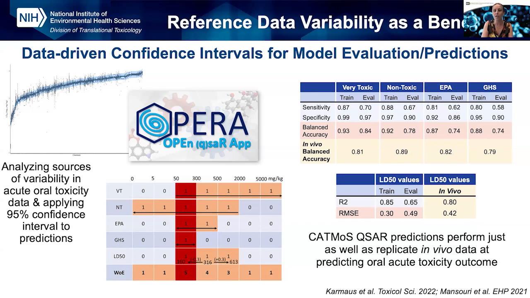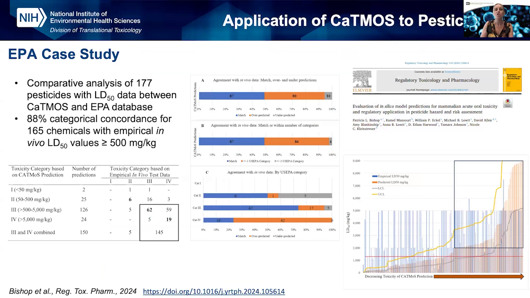And so then we worked with the US EPA to assess the ability of this AI-based computational predictive model, so this fully in silico QSAR tool, to predict the LD50.